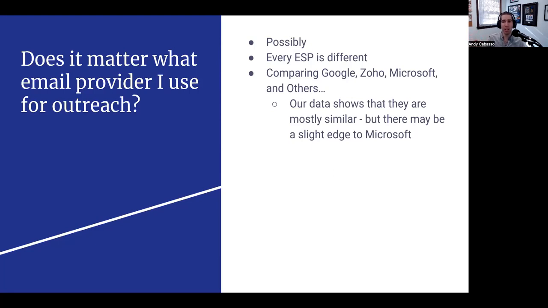It is a relatively small percentage, not massive, but I guess in the grand scheme of things, it can make a difference. A slightly better open rate and reply rate, especially at a huge volume of outreach, is something to think about and weigh.